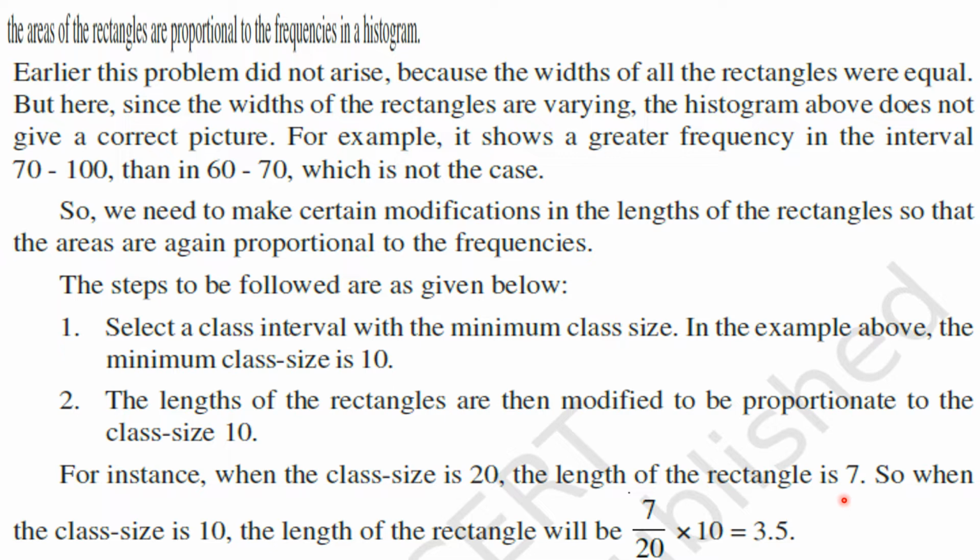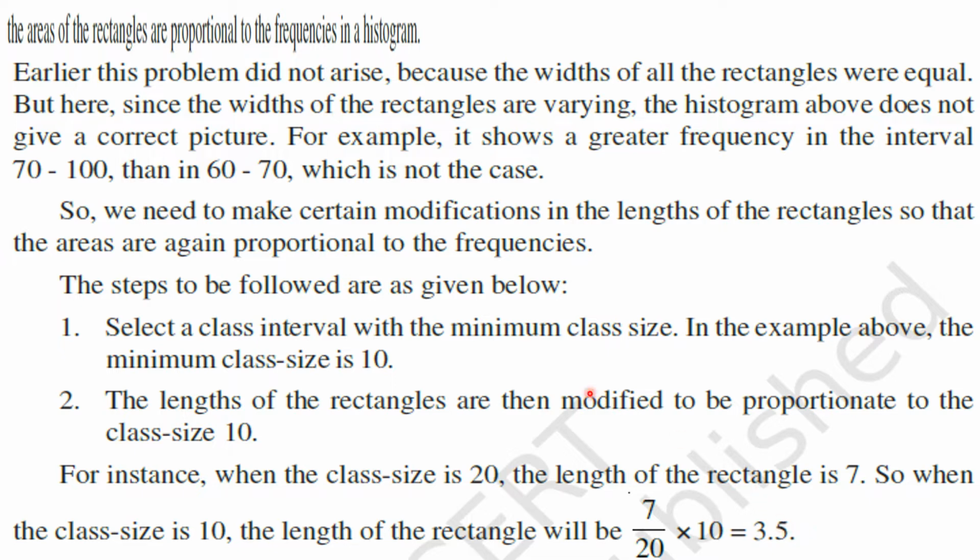In that case, we have to modify. How to modify? Then the class size is 10. The length of the rectangle will be 7 by 20 into 10, that is equal to 3.5. So this is the modified length of the rectangle. Understood this point, my children?